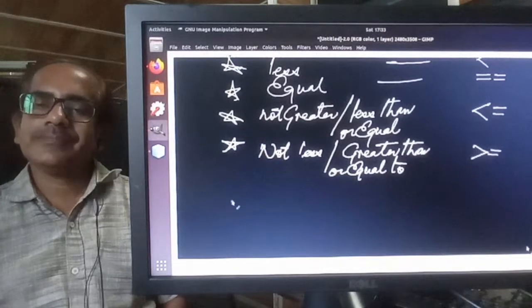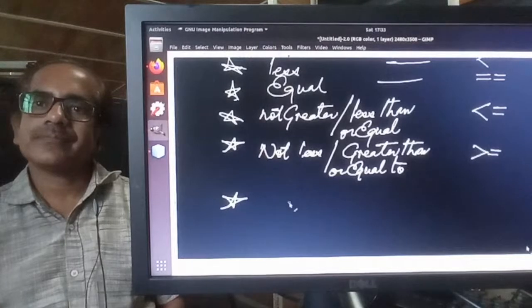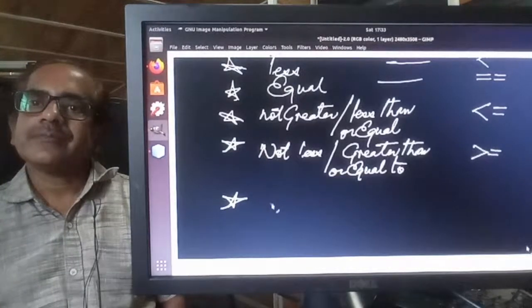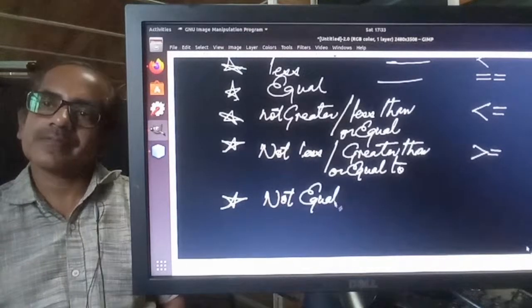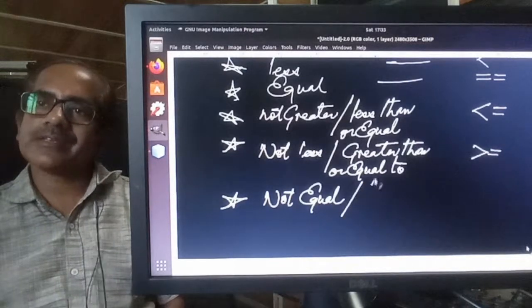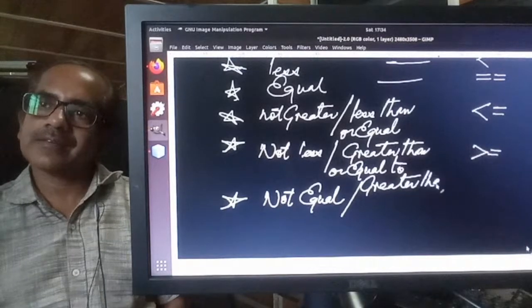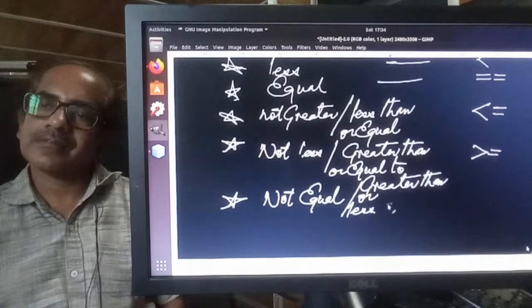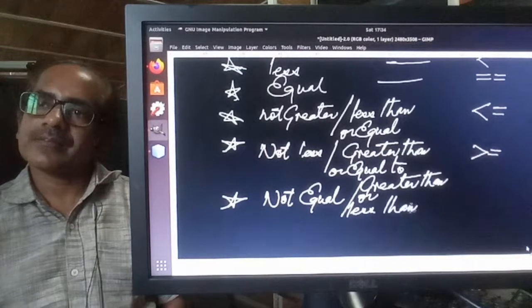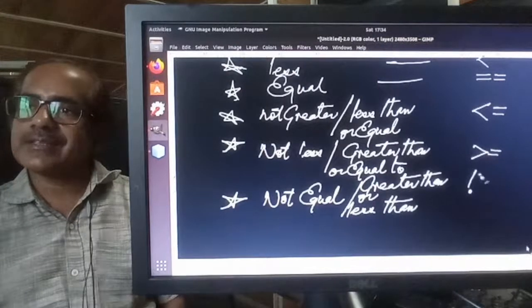And then not equal, or you can say greater than or less than. In computers the symbol is this.